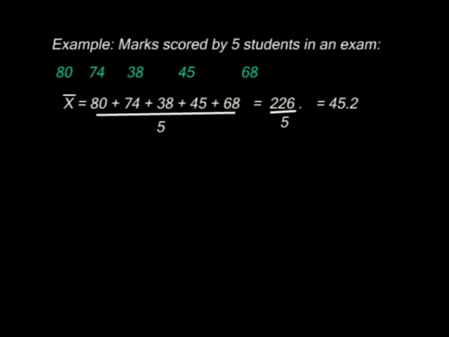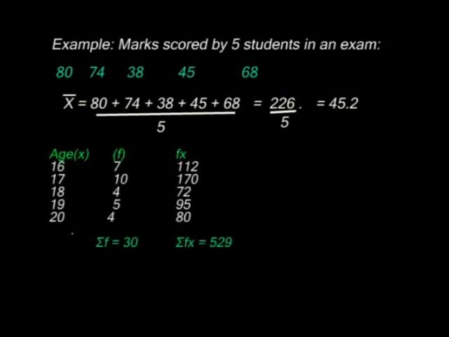Well, that's quite simple, but suppose the data is repeating in nature. For example, the table here shows the ages of students in a Form 2 class. We have the age from 16 to 20, and then we have the number of students with those respective ages. We want to calculate the mean age.